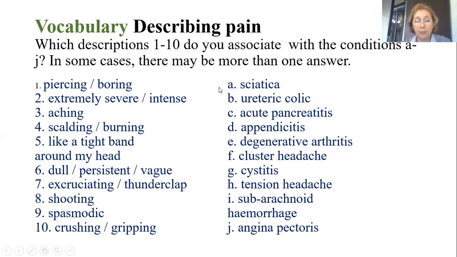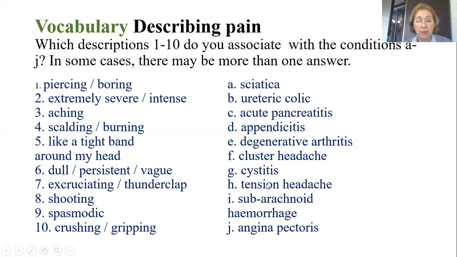And so I think this is harder. For example, for me, it was hard to understand some of the words. I do understand what appendicitis means, or ureteric colic, or cluster headache. I know headache.